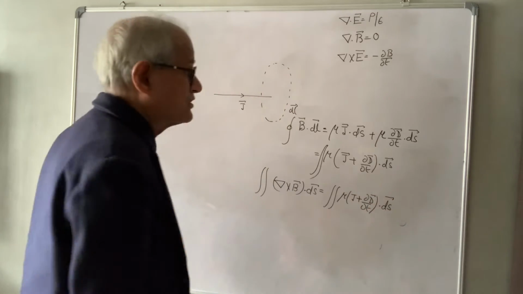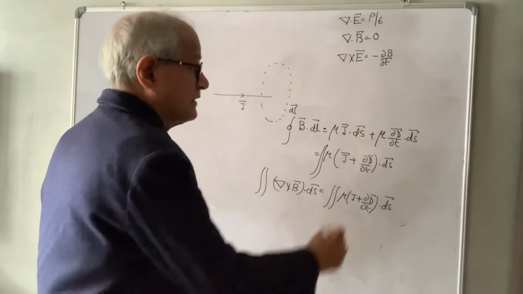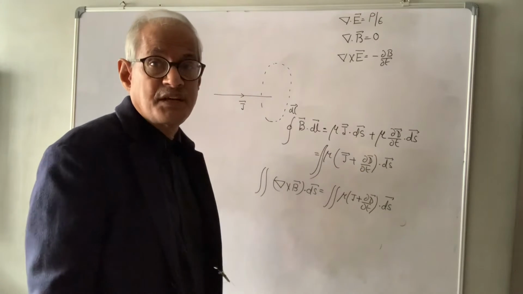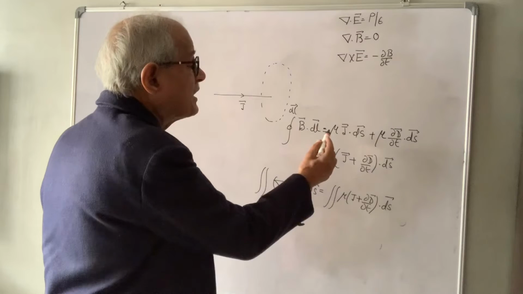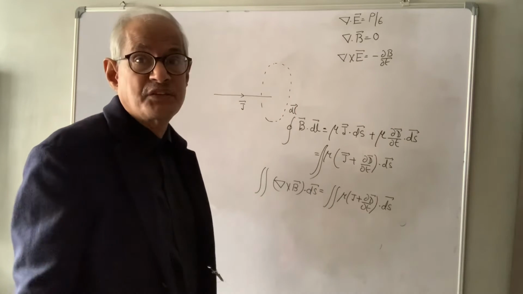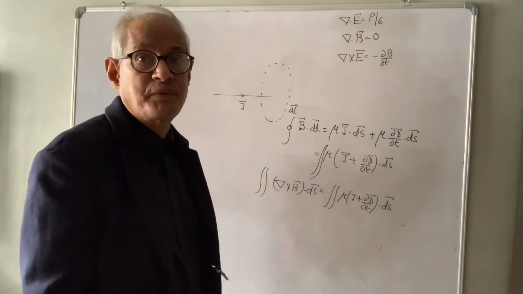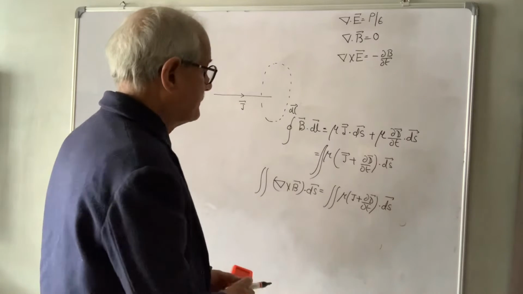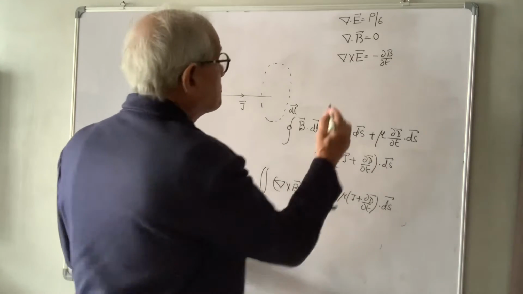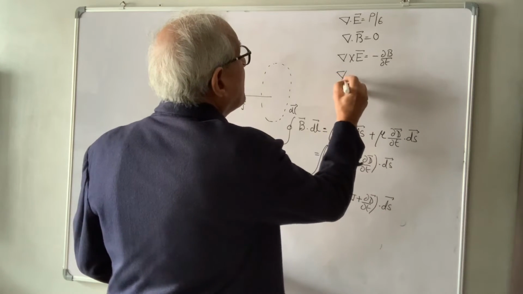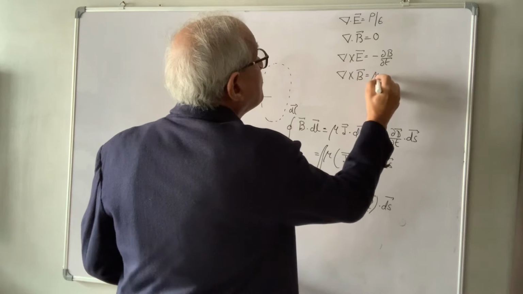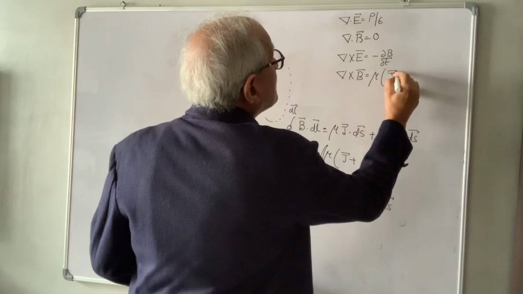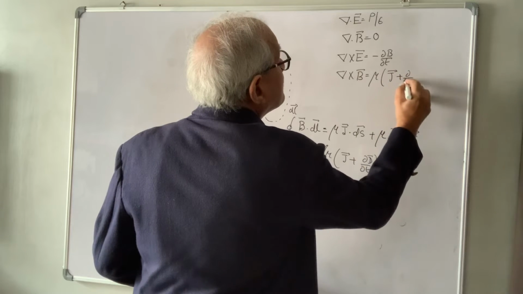In this connection, we can say that the induction current is necessary because free space, where there is no conduction current, there is no electric charge, it can sustain electromagnetic wave. So this we can write as curl of B is equal to mu J plus del del T of D.